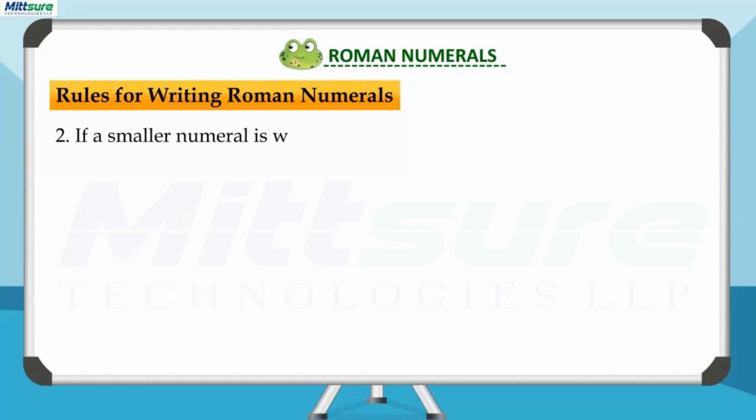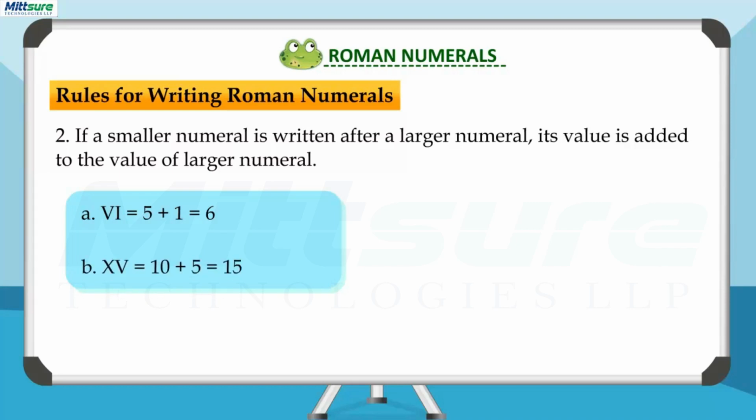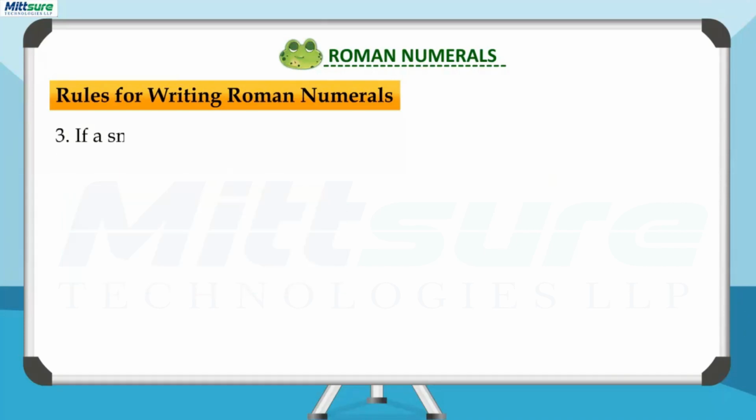2. If a smaller numeral is written after a larger numeral, its value is added to the value of the larger numeral. VI is equal to 5 plus 1, which is equal to 6. XV is equal to 10 plus 5, which is equal to 15. 3.